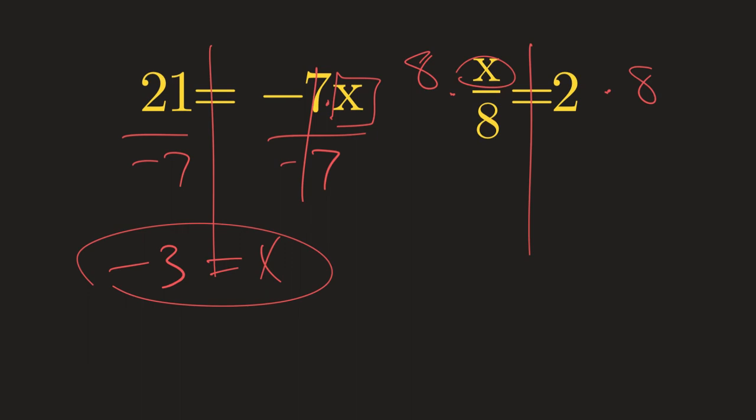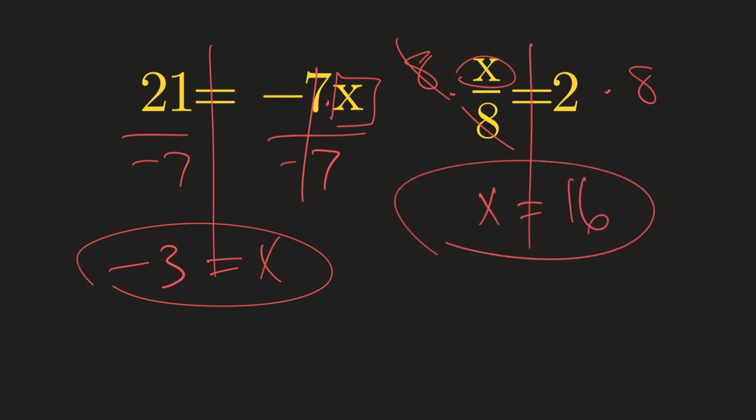Now on the left side, watch what happens here. Those 8s disappear, and you are simply left with x. On the right side, 2 times 8? Yep, 16.